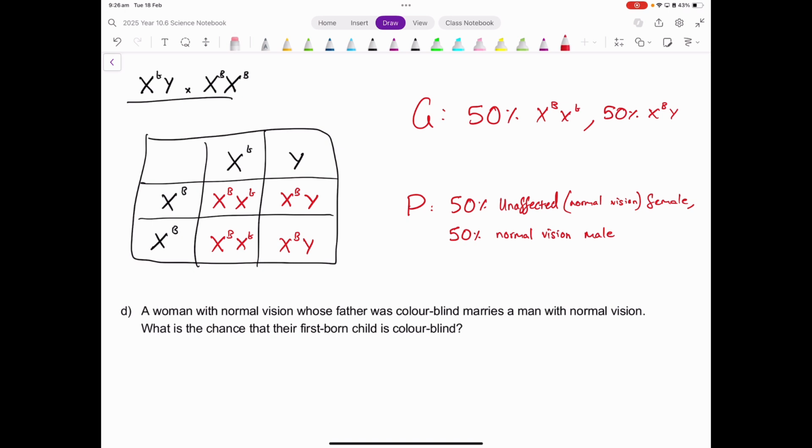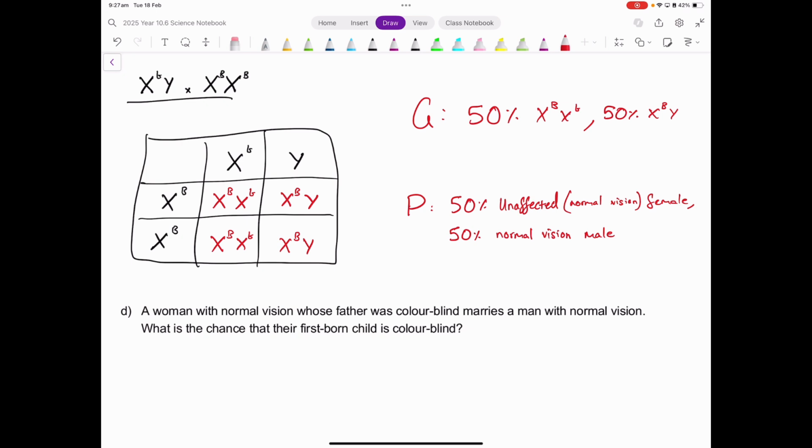So if I then asked you, what is the percentage chance of a female who is normal vision? 50%. But now I'm just restricting it to just females. So if I said females who are normal vision, what percentage of females would be normal vision? 100%, because all females are normal vision.